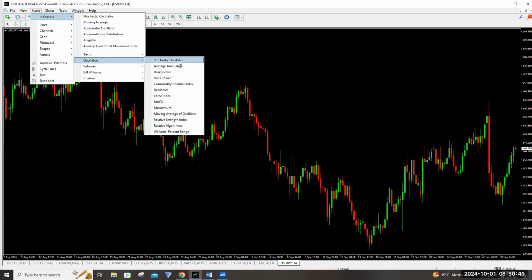Now, just for the beginners, any indicator that has the name oscillator basically means it's an independent indicator. What we mean by that is it will not show inside your chart where the candlesticks are. Once you insert it, it's going to show at the bottom of your chart independently. Why does that happen?